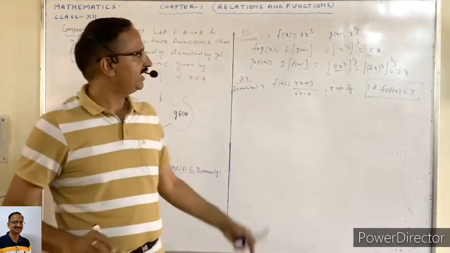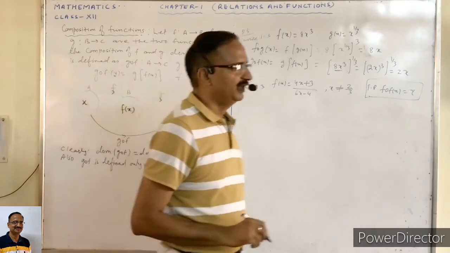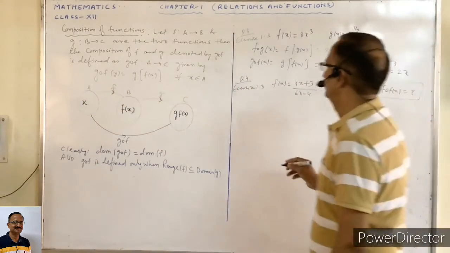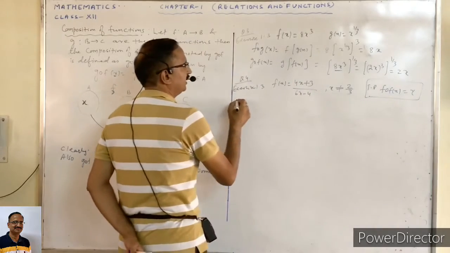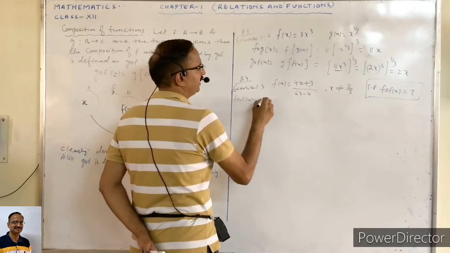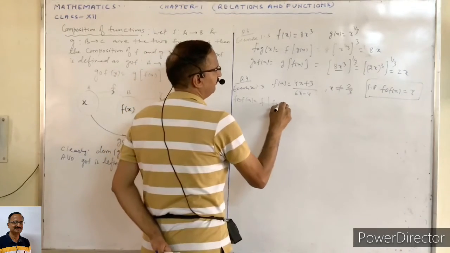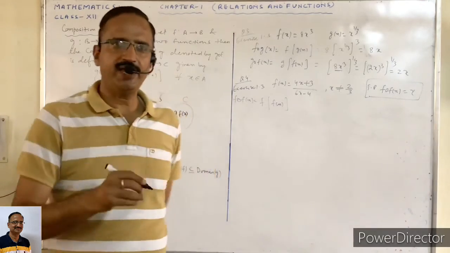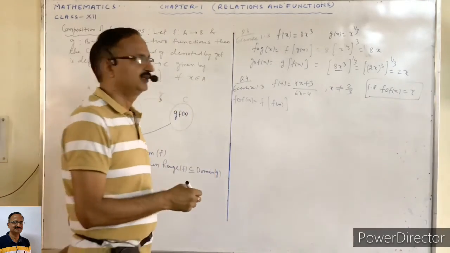So in the same way as we have done in question number 3, put the value of f in f. So let's start. This f of f of x means f of f x. So we will put the value of f x in place of x in f.